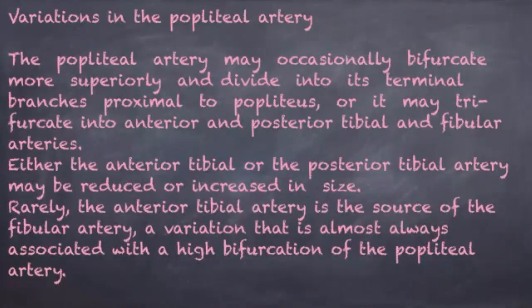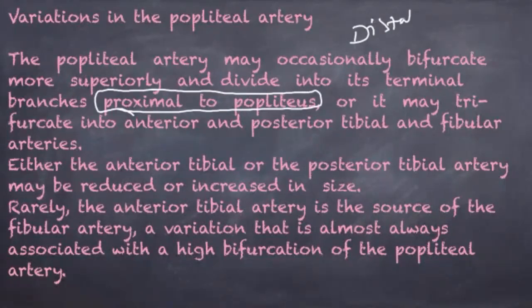So there are many anatomical variations. The popliteal artery may occasionally bifurcate more superiorly and divide into terminal branches proximal to the popliteus. Usually it should be distal to the popliteus, but proximal to the popliteus is a variation.